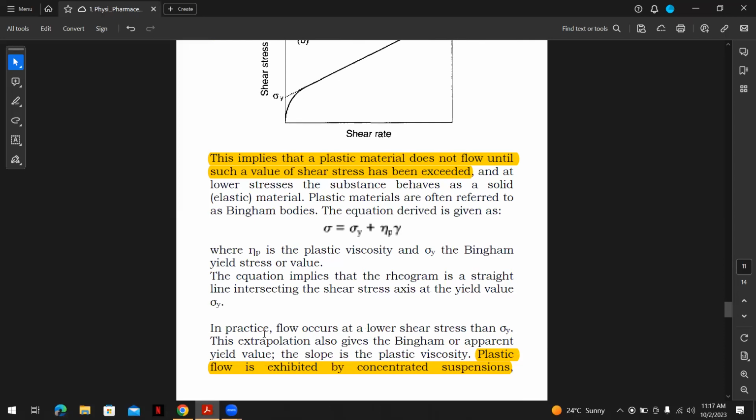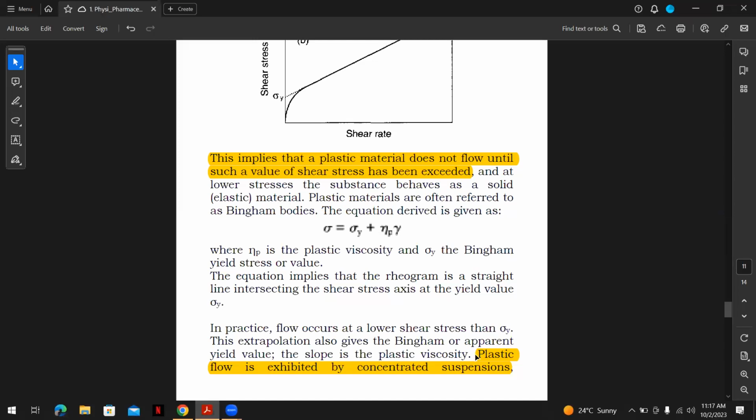So this extrapolation gives the Bingham or apparent yield value, and the slope is the plastic viscosity.